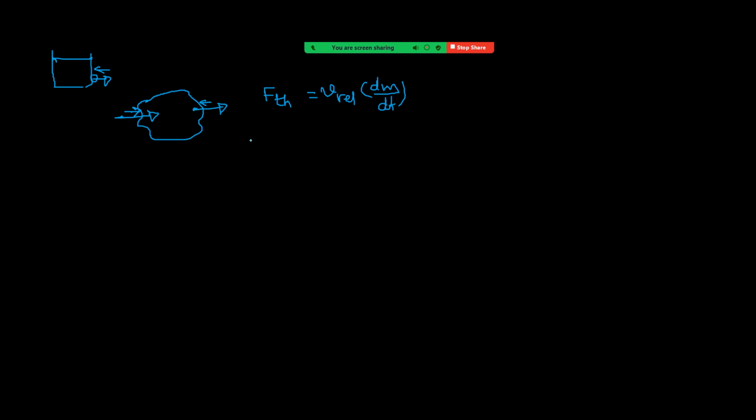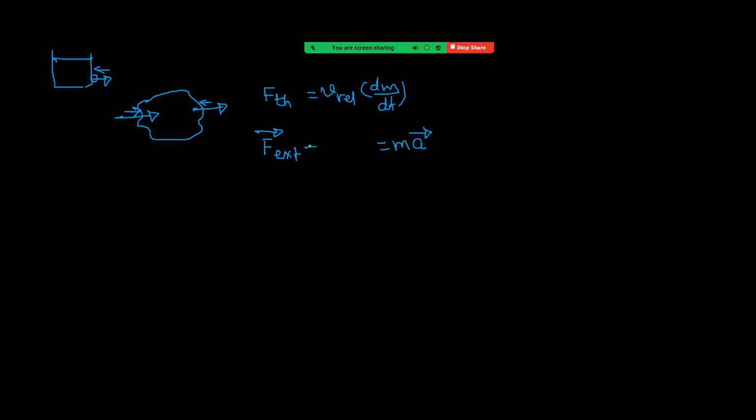Okay. So if you want to use Newton's second law, earlier we have taken net external force is equal to mass into acceleration, right? Now the only extra thing is, because of this mass which is leaving or which is entering, we have one extra force.